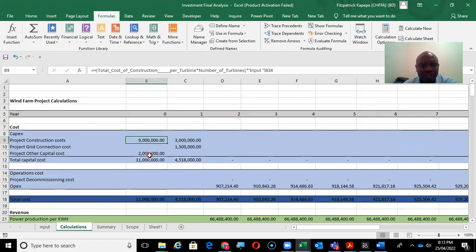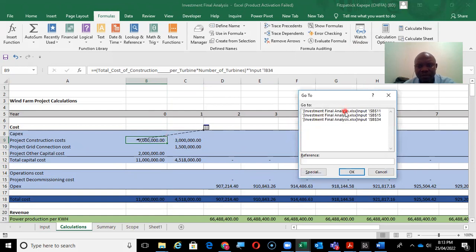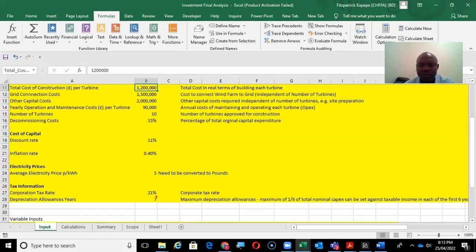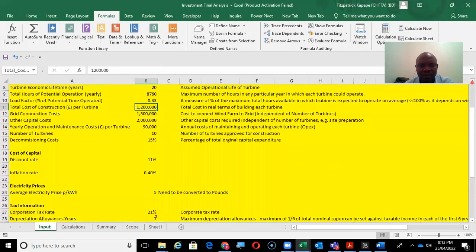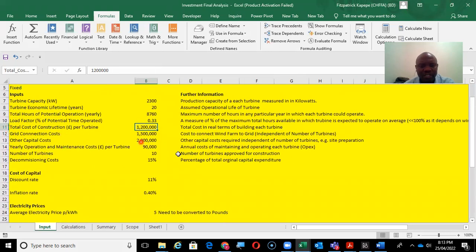So we have the project construction cost, which I think was done correctly, at 1,200 times the number of turbines.